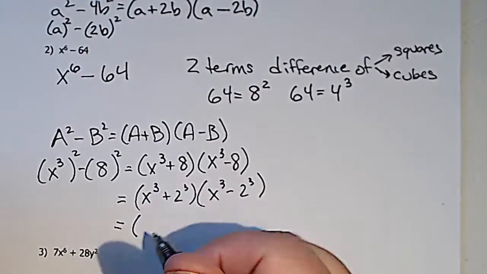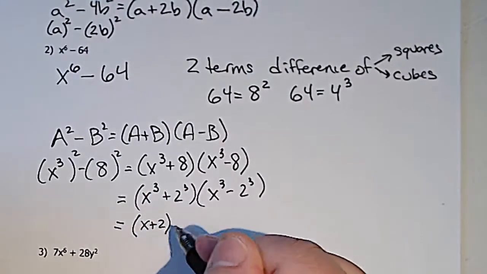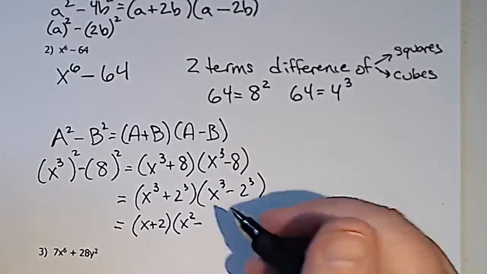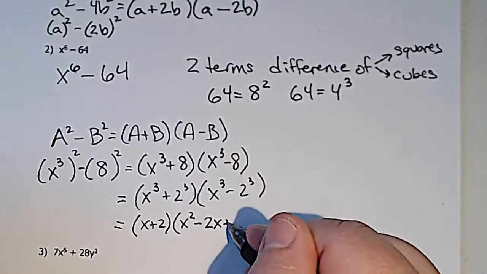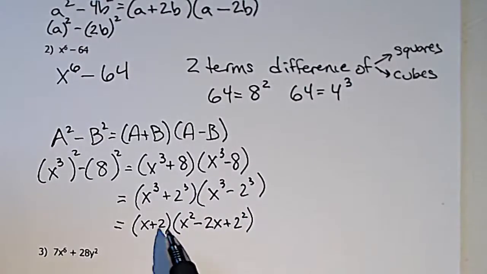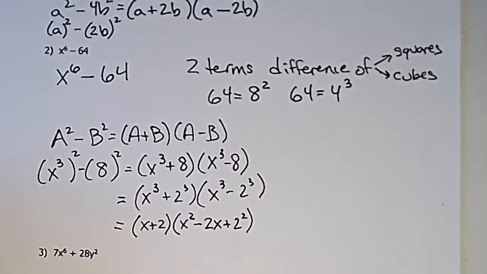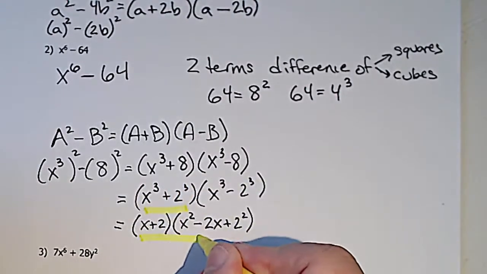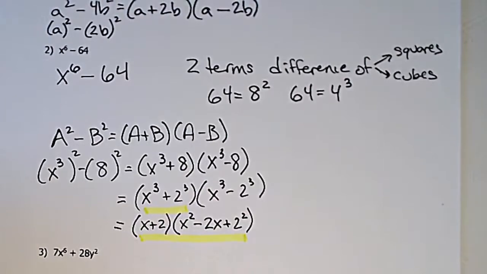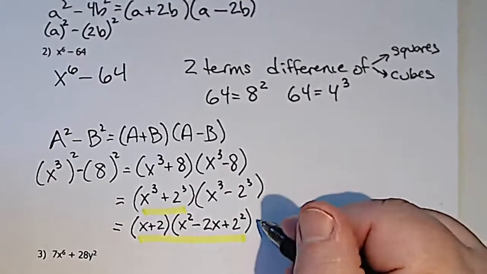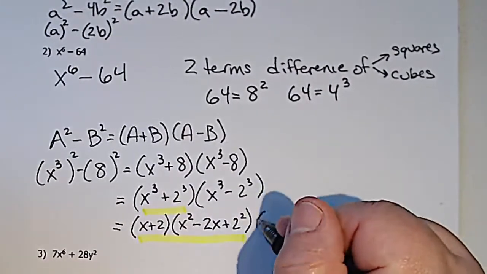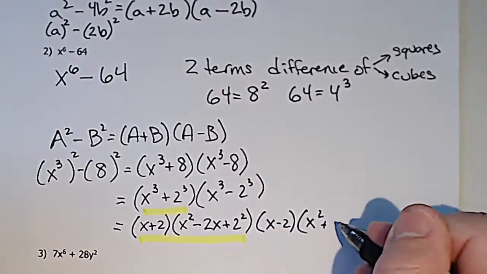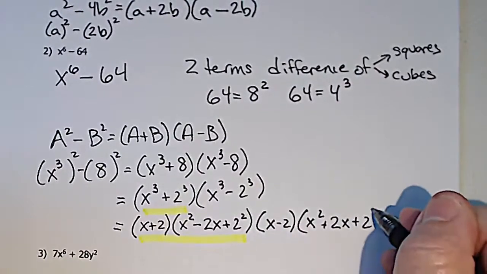X cubed plus 2 cubed, x plus 2 times x squared, then we bring in the minus, 2x plus 2 squared. So x cubed plus 2 cubed becomes those two factors. And then the x cubed minus 2 cubed, x minus 2 times x squared plus 2x plus 2 squared.